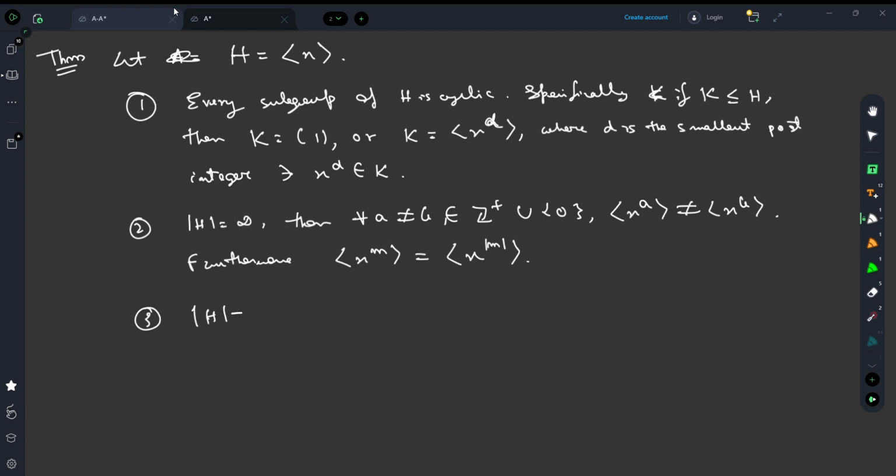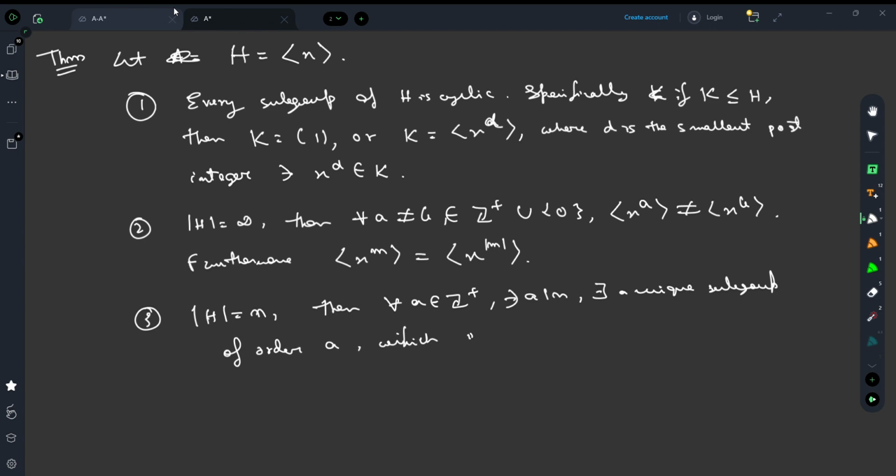So number three is of this sort: if n is the cardinality of H, then for all a in the positive integers such that a divides n, there exists a unique subgroup of order a, which I can state as x to the power d, such that d is the quotient when n is divided by a.